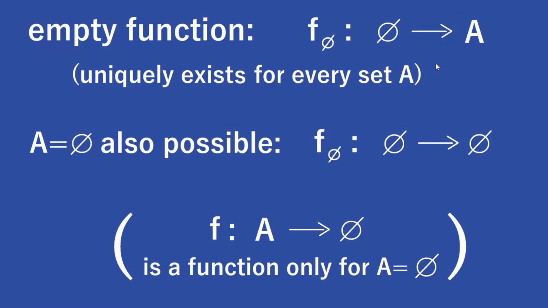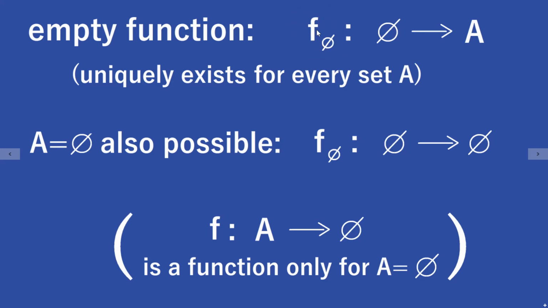When we have the empty set and another set A, there exists a unique function from the empty set to A. This function is called the empty function. If you go through the mathematical definitions of a function, you will see that such a thing here will not make any problems.